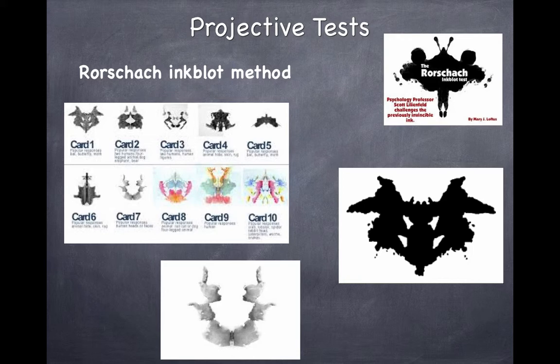So what does it represent? What you're seeing in the top left-hand corner are the cards used in the Rorschach ink blot method. While viewing 10 ink blots, a test taker is asked to describe everything he or she thinks and feels about what each ink blot looks like or resembles.